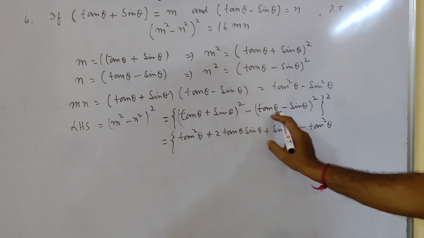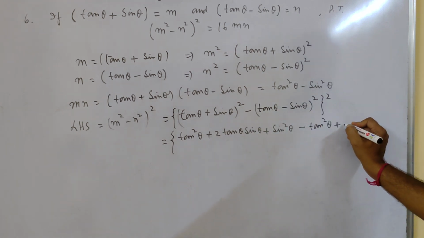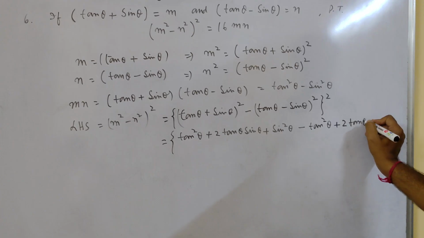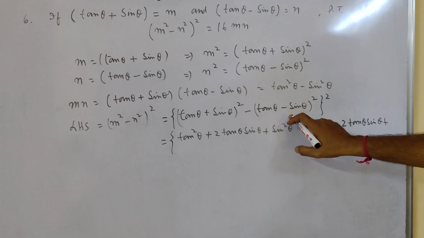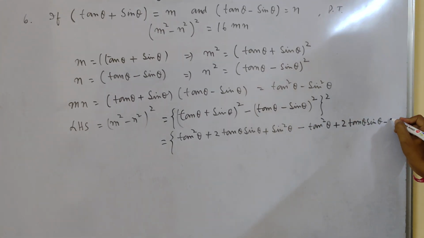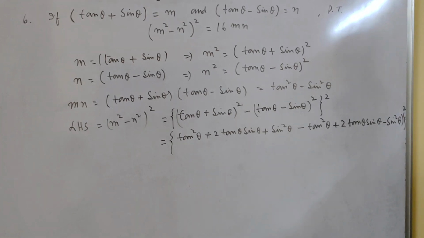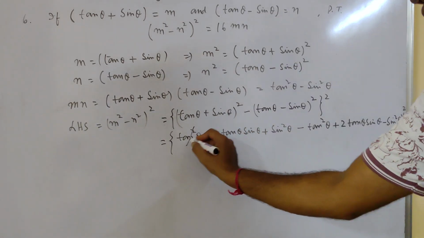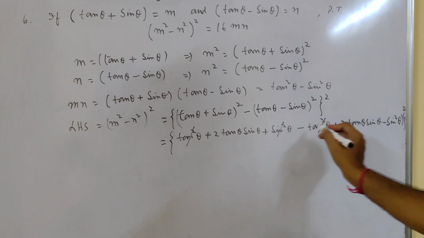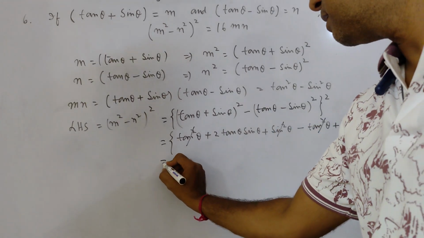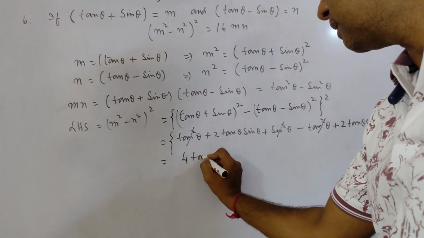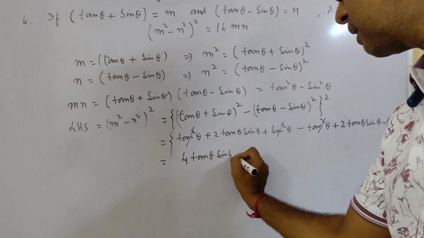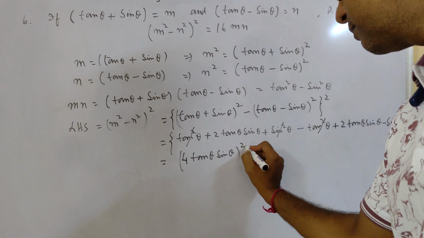So minus 2ab, minus minus plus, so it is plus 2 tan theta sin theta, plus sin square theta, so it will be minus sin square theta, whole square. So tan square theta and tan square theta cancel out, sin square theta and sin square theta cancel out. So we get 2 tan theta sin theta, here also 2 tan theta sin theta, 4 tan theta sin theta, its whole square.